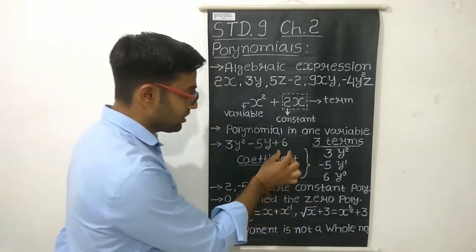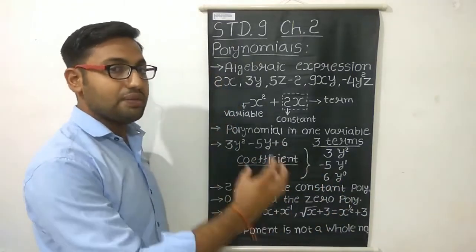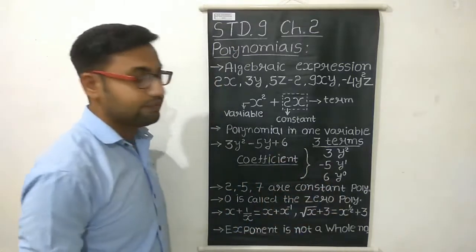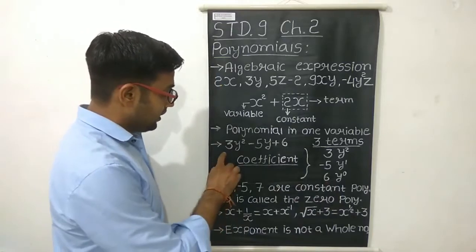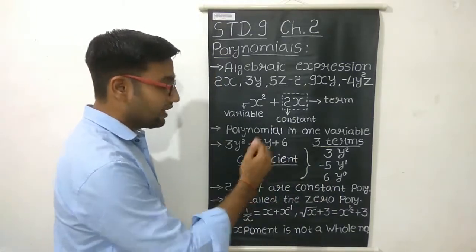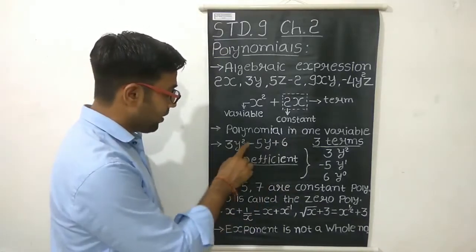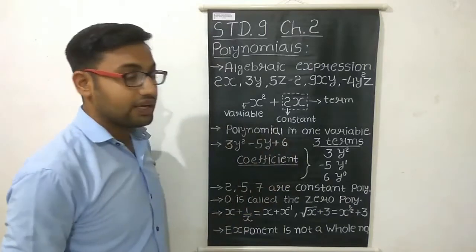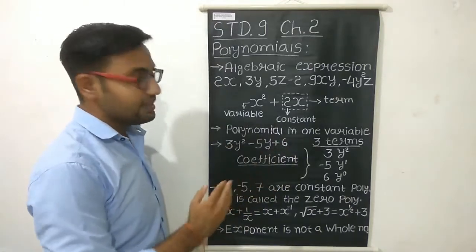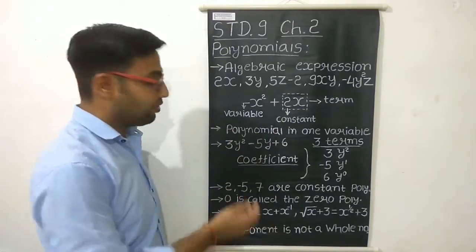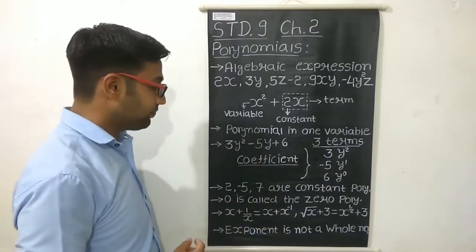We are actually not changing the value of 6. We are just representing 6 in another form, in the form of a variable. You can notice that we have written this polynomial in decreasing power of y. Here the power of y is 2, here the power of y is 1, and here the power of y is 0. So this is basically the standard form in which we can write polynomials.